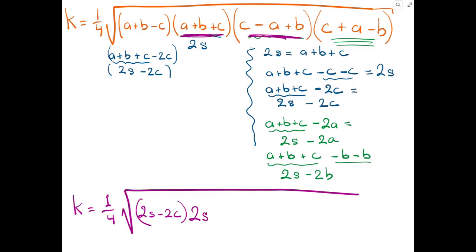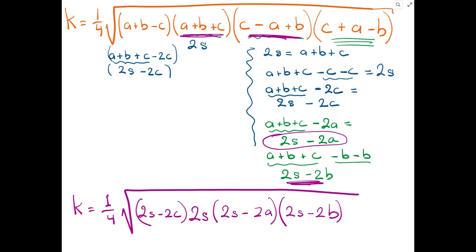This one we said was equal to, where is this guy? I had a positive, yes, this one, right? Because I had to subtract 2A. So that would be this one right there, 2S minus 2A. And then finally, the last one will then be this one, 2S minus 2B.